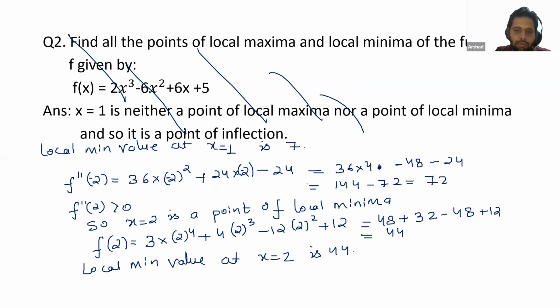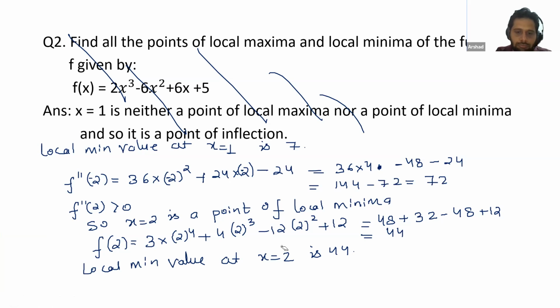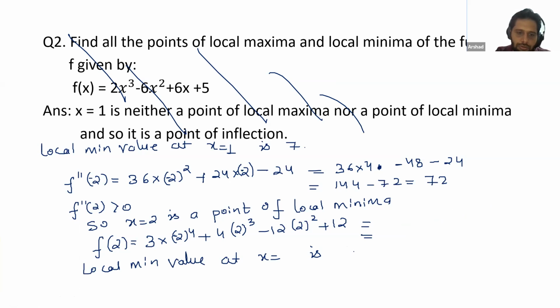So the same thing, local minima, and the local minimum is this. Here we will write -2, -2, -2. So this will give us 3 into 16.